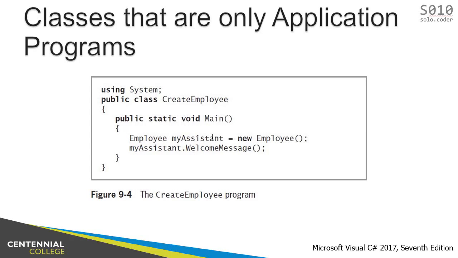What is this? It's an object of which type? Of Employee. So when we say this, Employee, my assistant, what are we doing? Just with that part. We are not creating yet. We are just doing what? This part here.